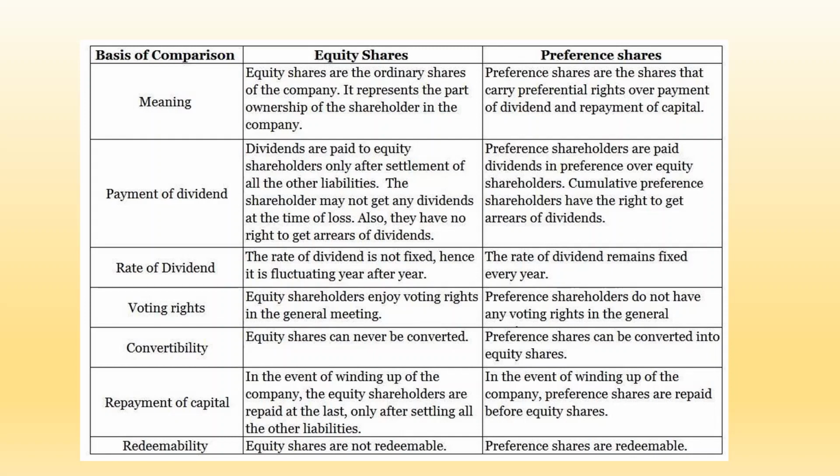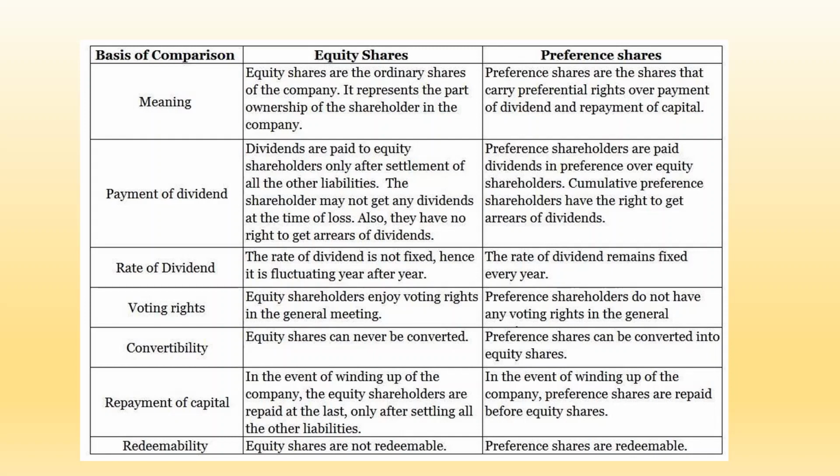Then payment of dividend. Dividends are paid to the equity shareholder only after the settlement of other liabilities. The shareholder may not get any dividend at the time of loss as they have no right to get arrears of dividends.